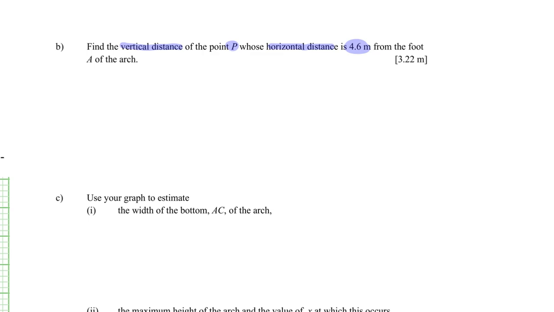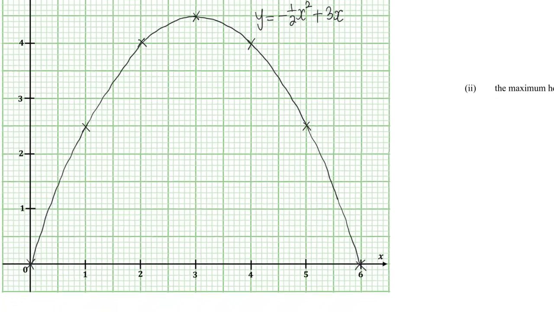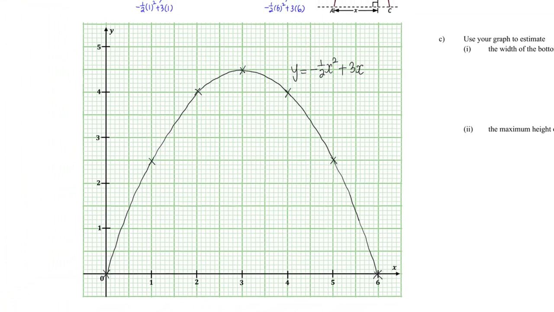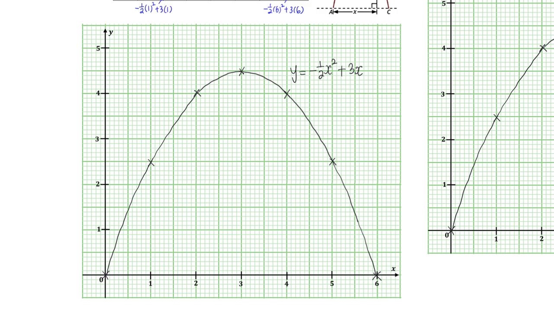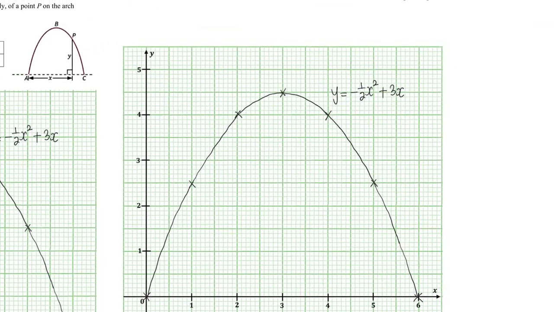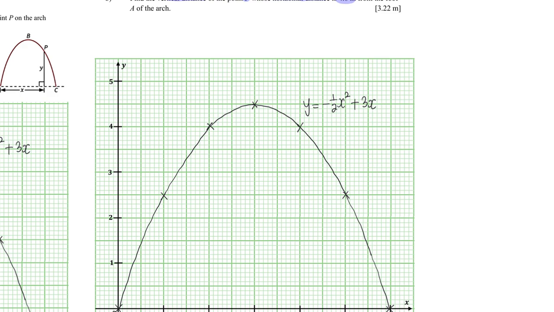Horizontal distance is 4.6, which means I just need to go over to this graph and go to 4.6. So for this, I will just use this and come over to the other side.